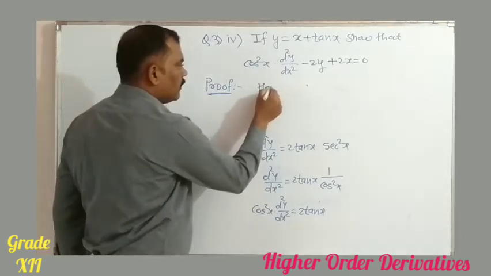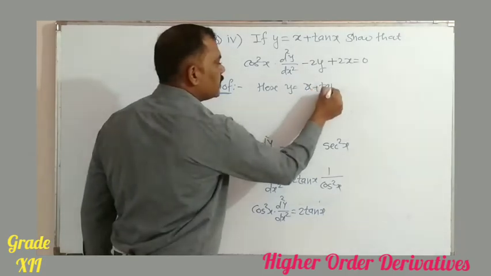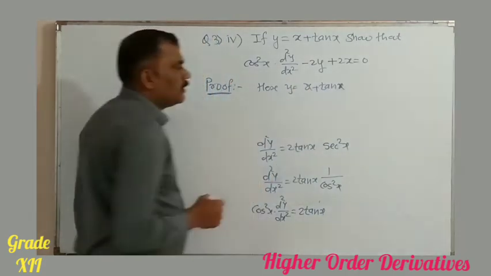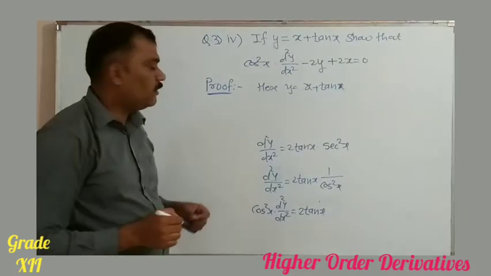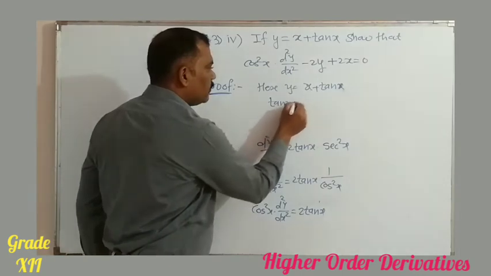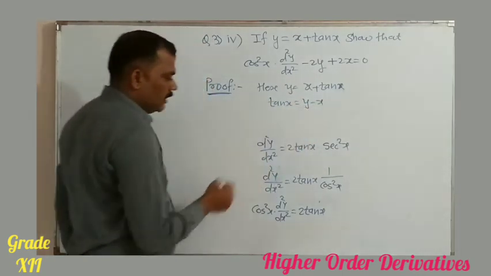Here y is equal to x plus tan x. From this equation we have to calculate the value of tan x, so tan x is equal to, taking this x to this side, y minus x.